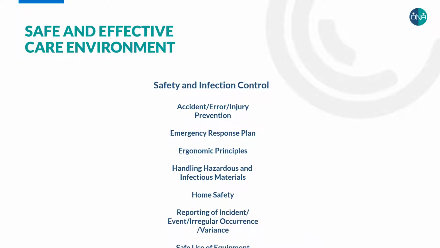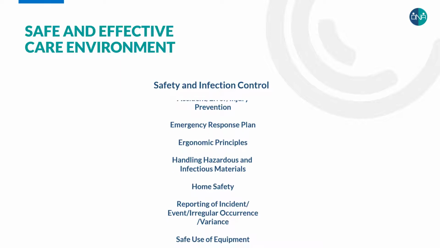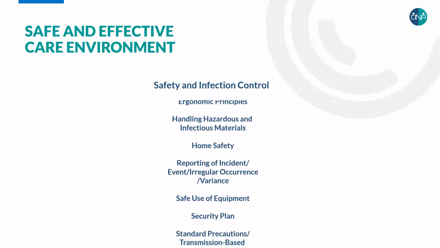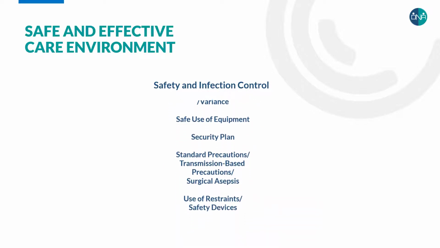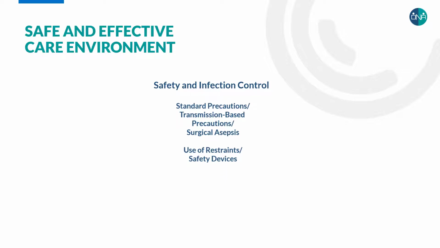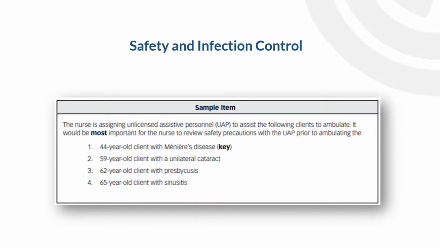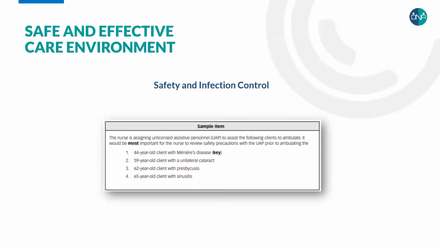Some of the key activities in this area are to ensure proper identification of the client when providing care, verify appropriateness and accuracy of treatment orders, and apply principles of infection control such as hand hygiene, aseptic technique, isolation, sterile technique, and the universal standard precautions. And here's an example of an exam question related to this subcategory. Pause this part of the video to learn more.